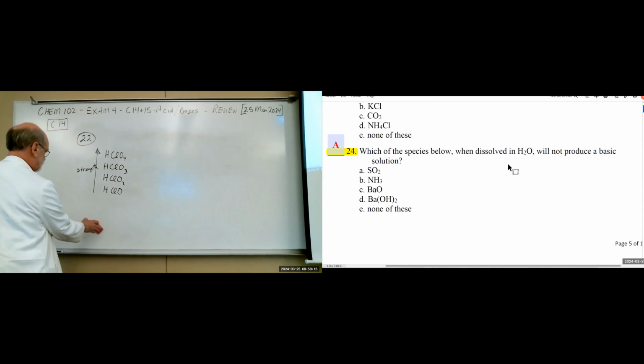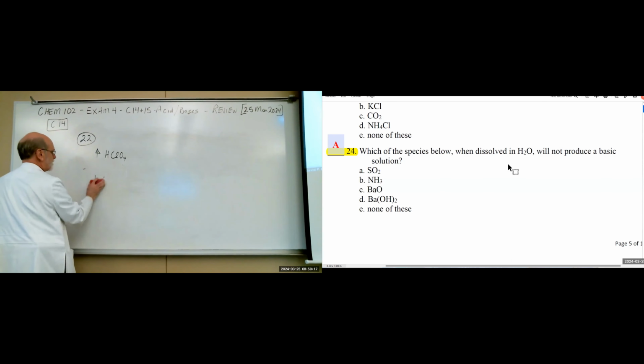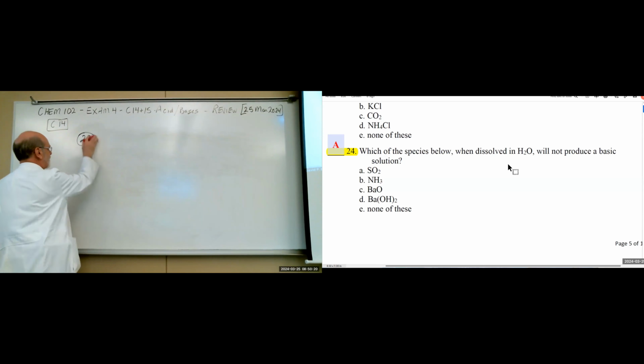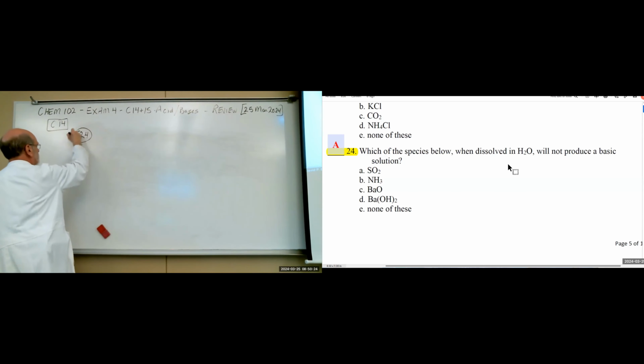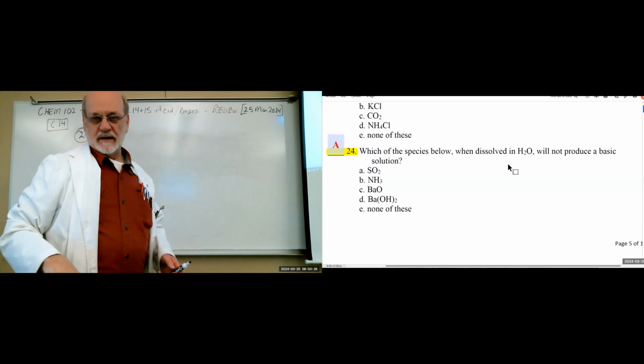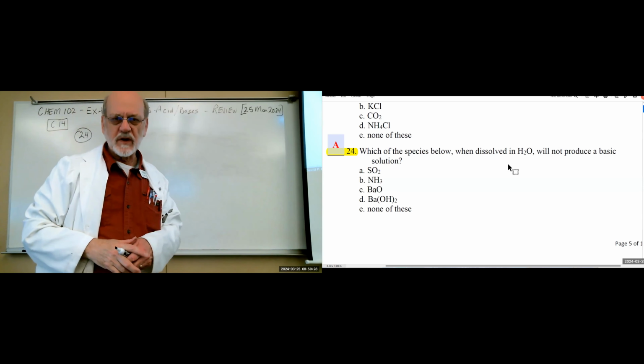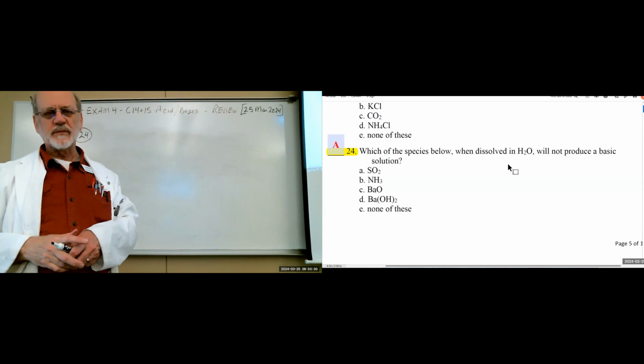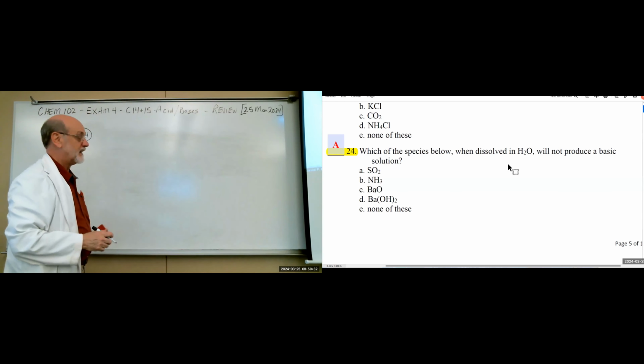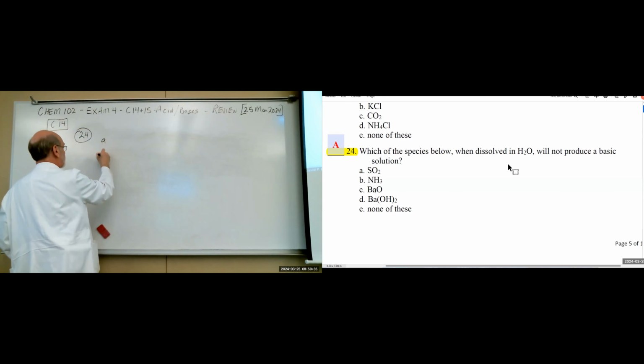All right, 24. Which of the species below, when dissolved in water, will not produce a basic solution?